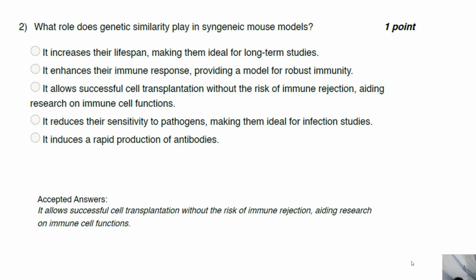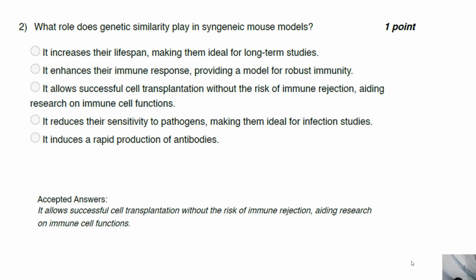Now, why does genetic similarity matter? The immune system primarily distinguishes self versus non-self using these MHC molecules. In genetically different individuals, transplanted cells are recognized as foreign, leading to immune rejection. In syngeneic mice, transplanted cells are recognized as self, so no rejection.